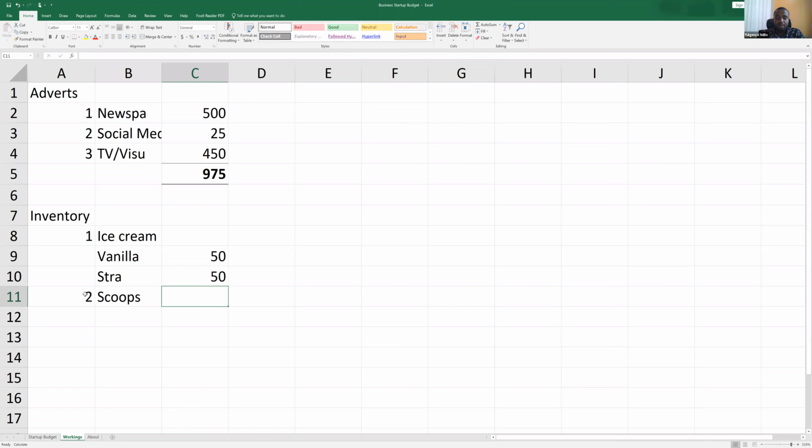The scoops you'll need maybe for 10, right? Any other thing which we're supposed to use? Tissue paper. Someone is saying tissue paper. So we can use tissue paper and we can have like 1 or 10.